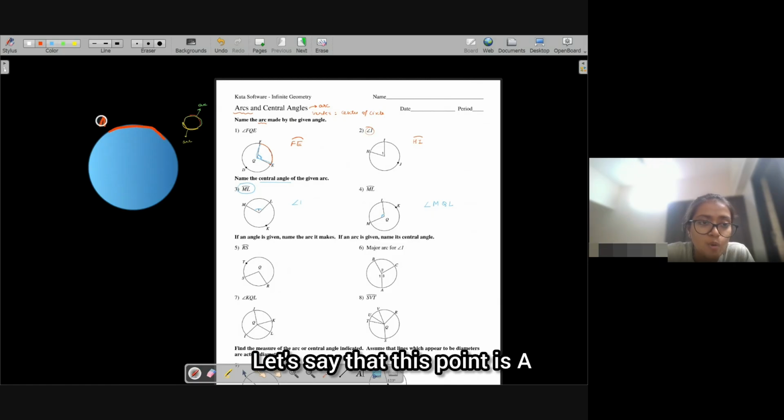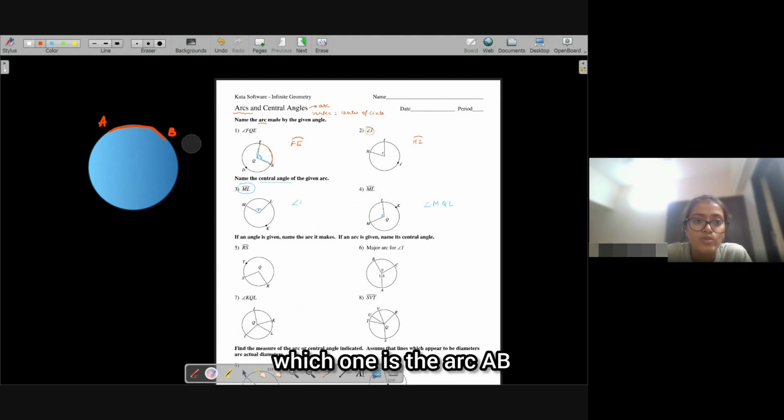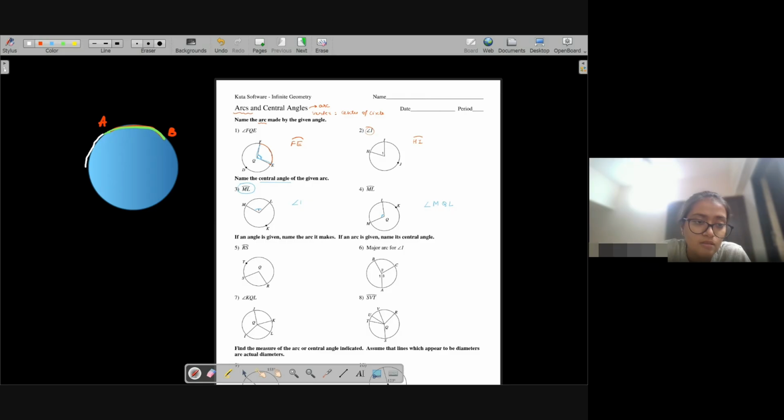Let's say that this point is A and this point is B. If I ask you which one is arc AB, your arc AB can be this. It can also be this arc, from A to B. This is also arc AB.